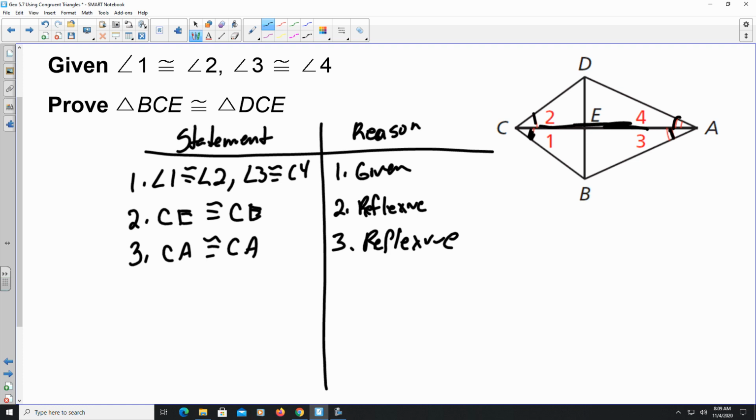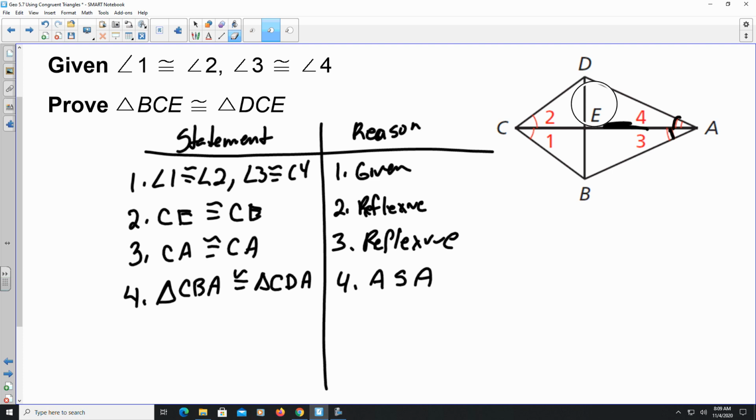So now for step 4 here in the statements, I can say that triangle CBA is congruent to triangle CDA because of angle, side, angle.